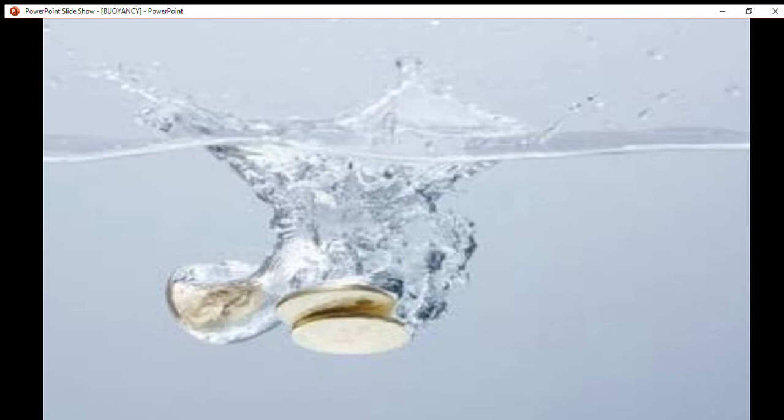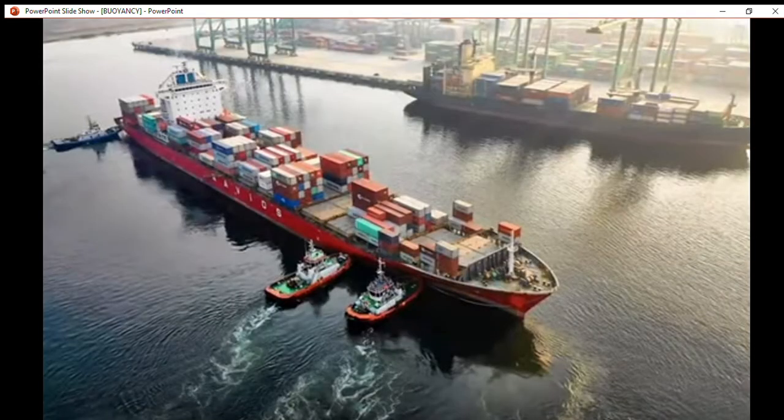But how does a ship made of steel float while a nail or coin made of the same steel sinks? Well, that's an interesting question. The steel has a density higher than that of water, but when it is used to construct a ship, the newly formed vessel structure's average density gets reduced because of the air that occupies the inner portion of the vessel compartment.